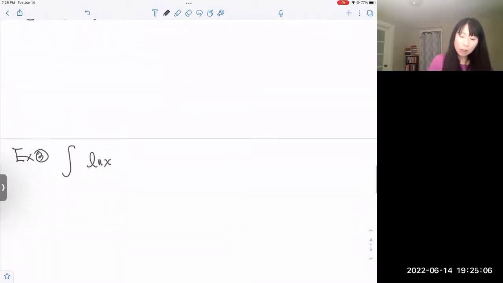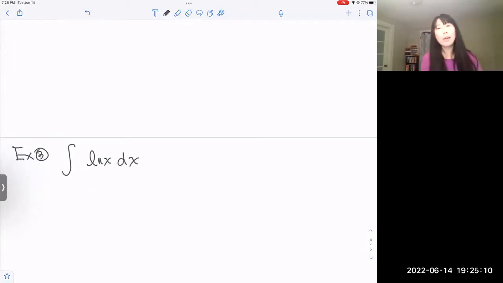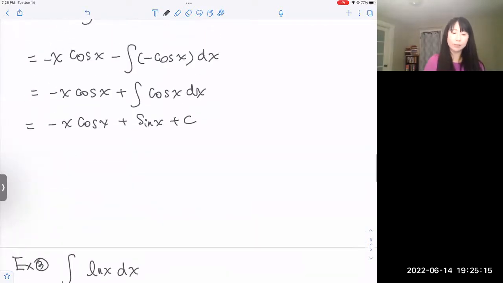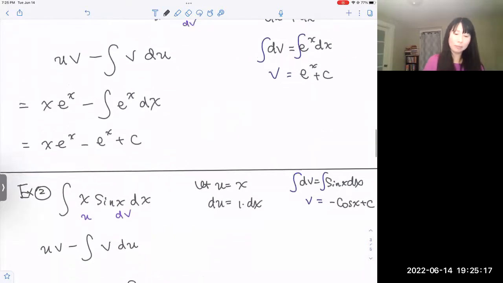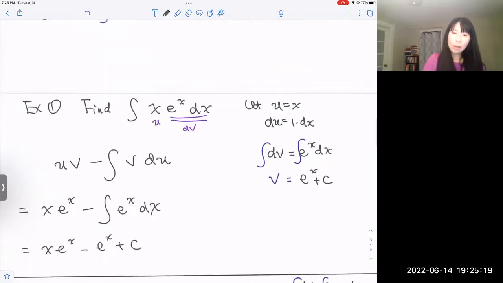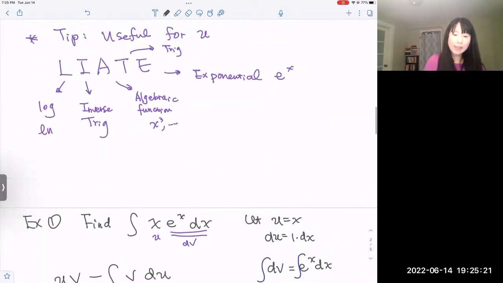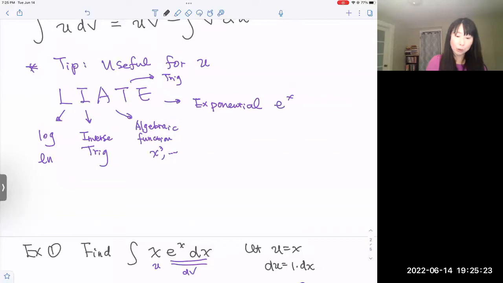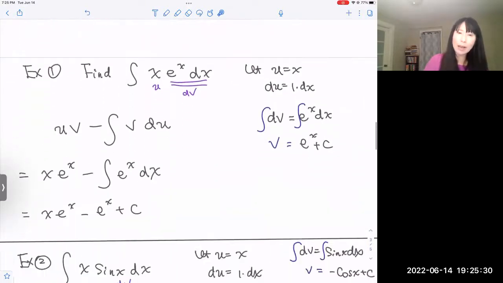All right. So we have the integral of ln x dx. Now we have tips. Use for setting up as u, which is log, the first one, right? So we're gonna set up u as ln x.